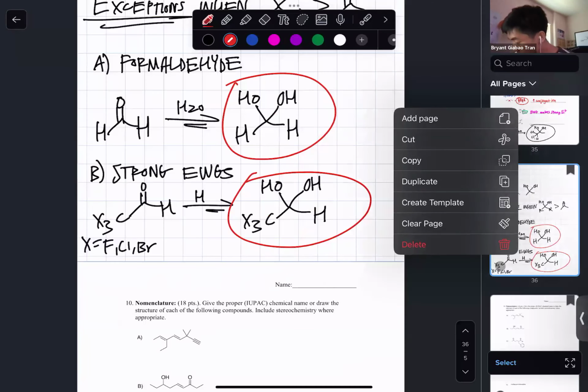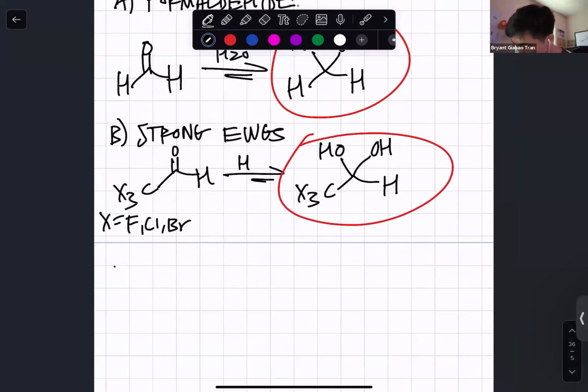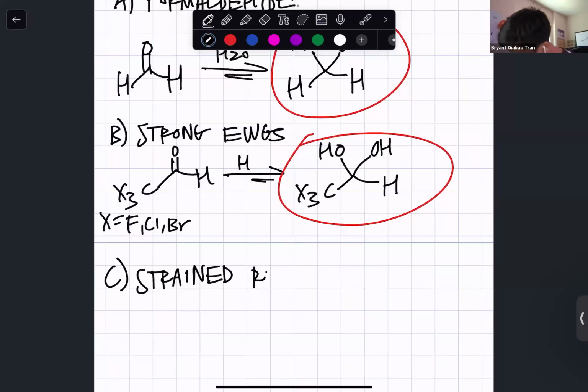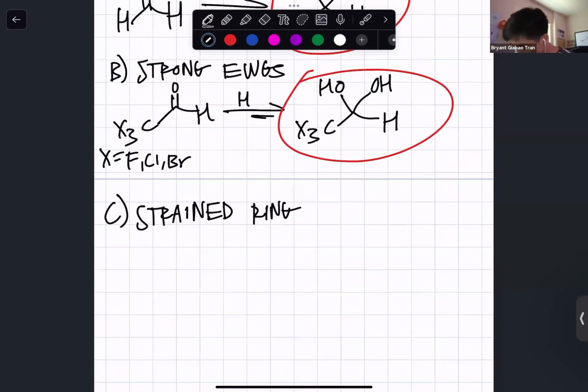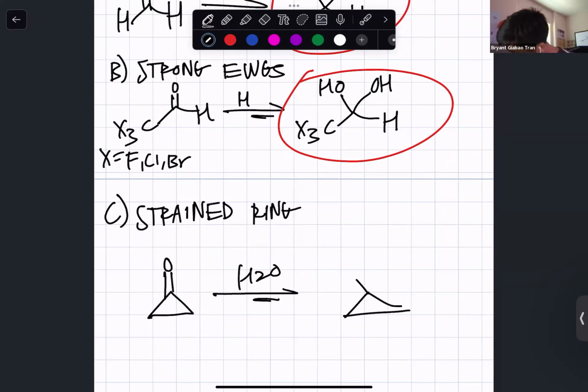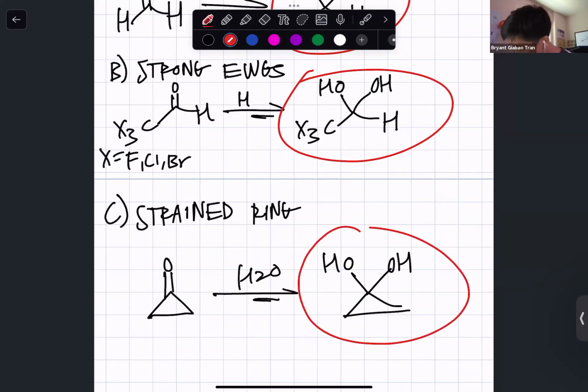The last exception that you need to know about for this concept is strained ring. If you have a ring like that with a ketone and you react that with water, this would favor the geminal diol over the carbonyl.